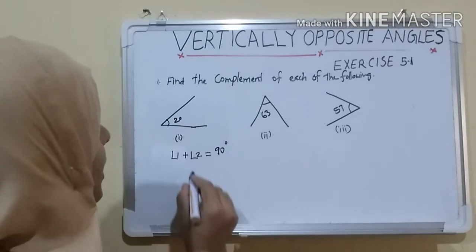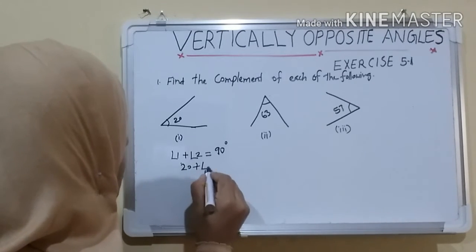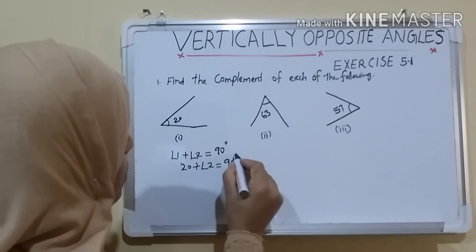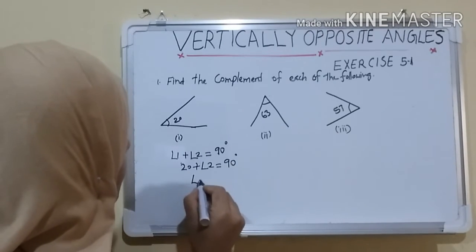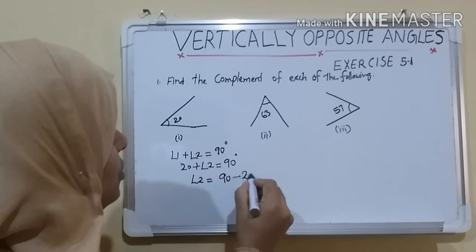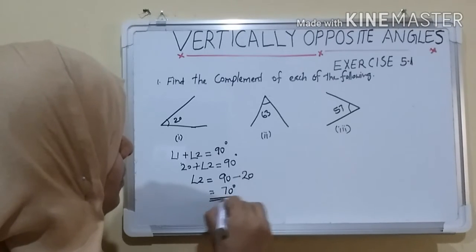So one angle is 20 degrees, so 20 plus angle 2. Angle 2 we don't know, that's why we write angle 2 itself. So angle 2 equals 90 minus 20, that is equal to 70 degrees.